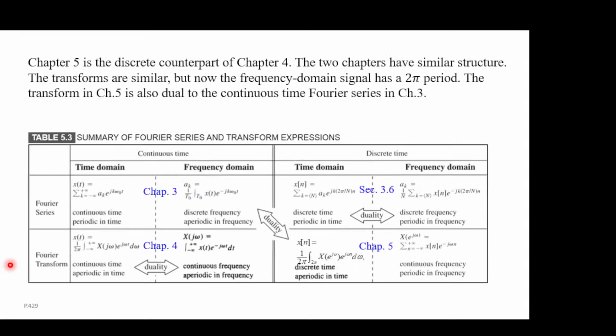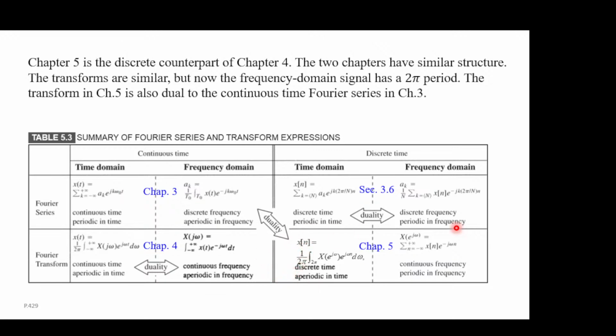Here is a bit of a spoiler of all the Fourier transforms and Fourier series we'll talk about. It's a bit confusing to think about right now, so let's ignore all the duality. But anyway, the discrete time Fourier transform, which is this block here, we are going to derive similarly to the continuous time Fourier transform.